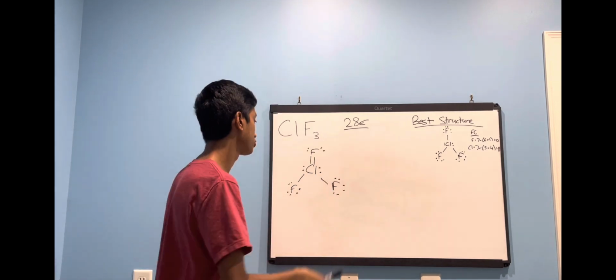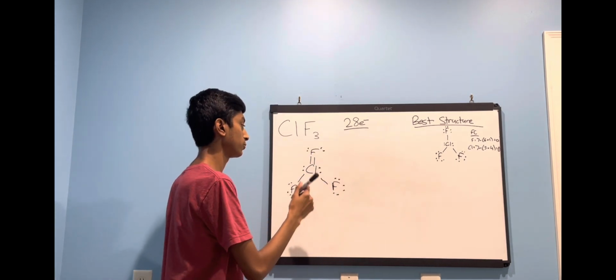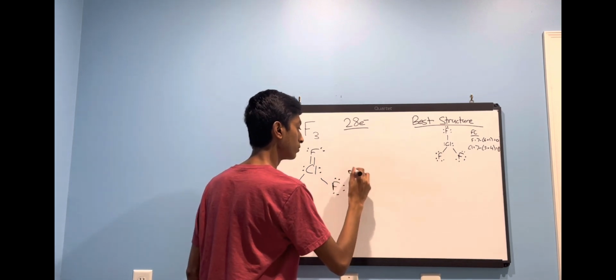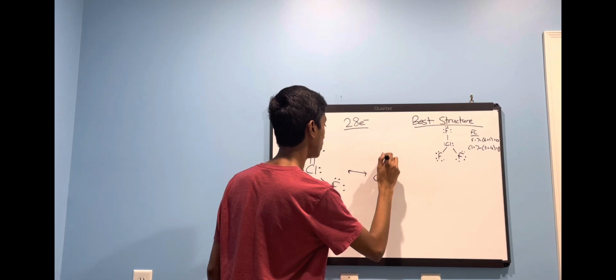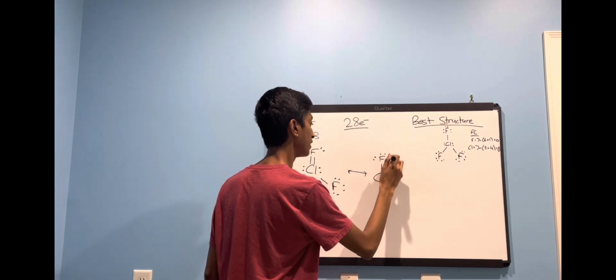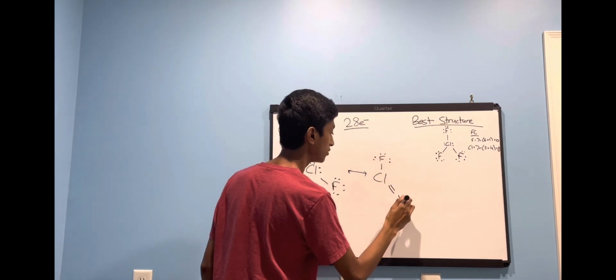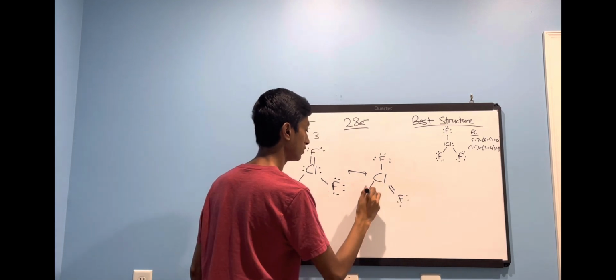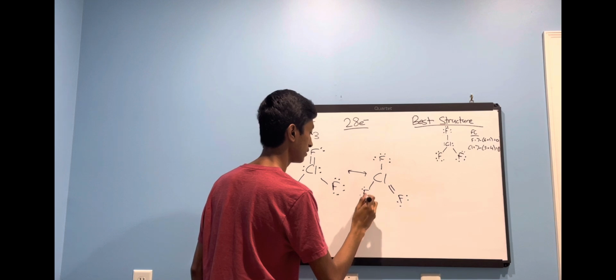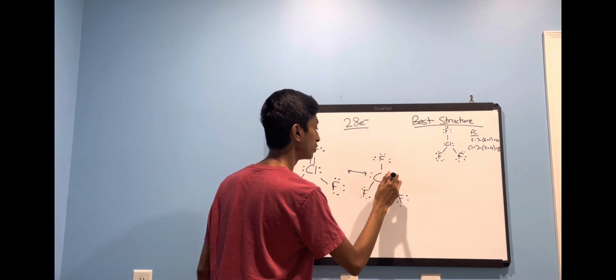What we can do is move this double bond all around, so it's also the same as this: chlorine with 1 lone pair, fluorine with 6 electrons, a double bond here for fluorine with only 2, and this other fluorine also has 6 with 3 lone pairs.